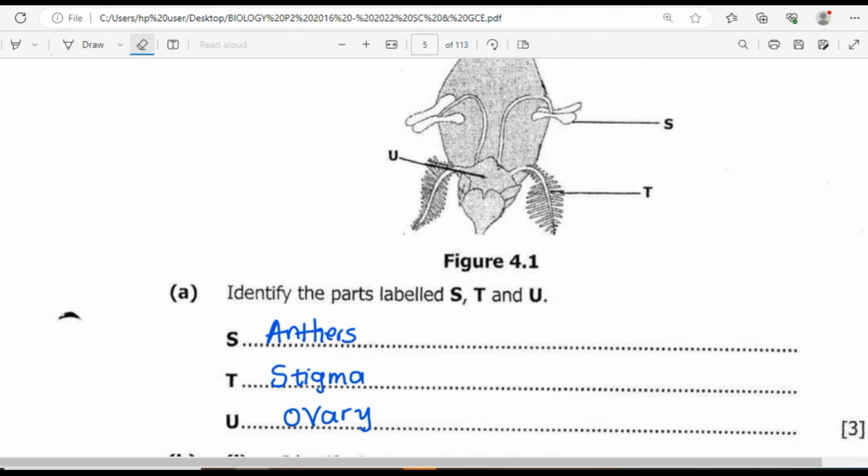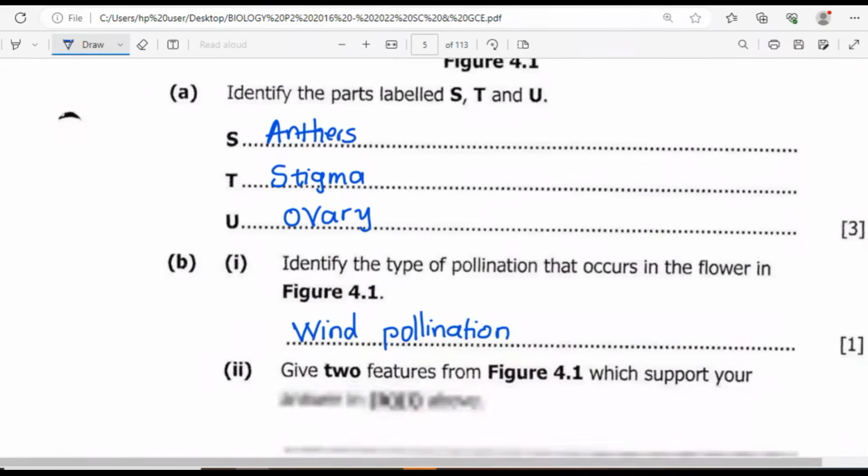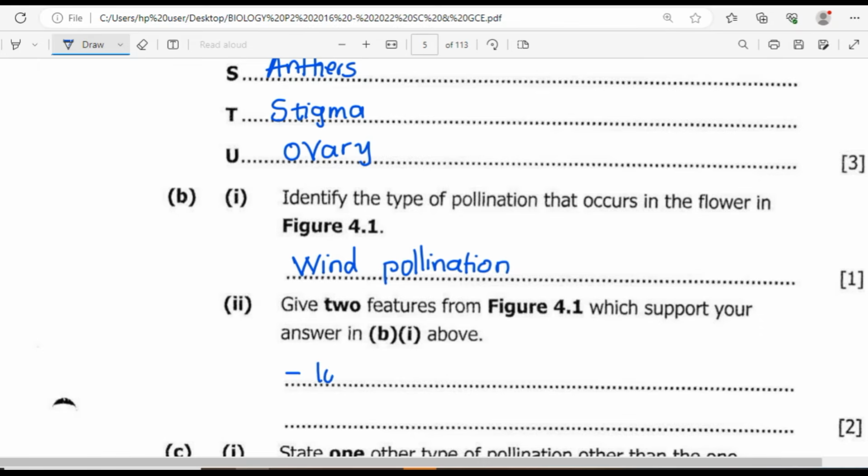Then also we can see that we have feathery stigma. So the first one will say long filament. The second one, the anthers are above the stigma.